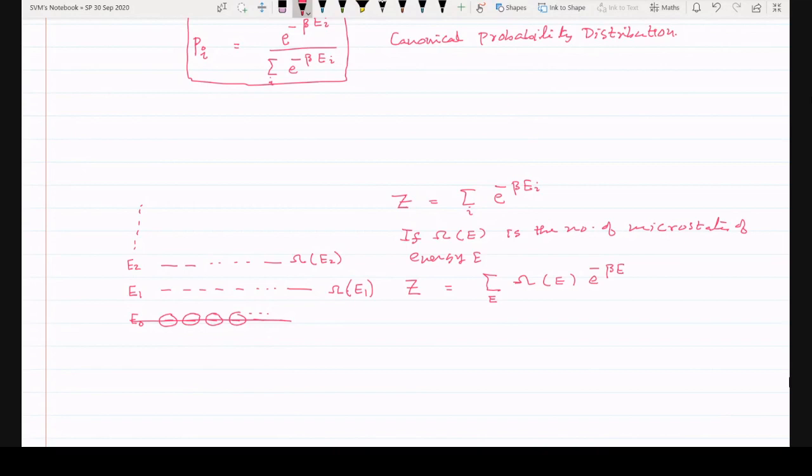Here I am summing over all microstates. Here I am only summing over all distinct energies. That's why you see the sum over all distinct energies.